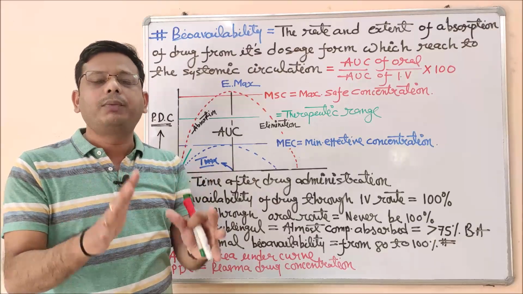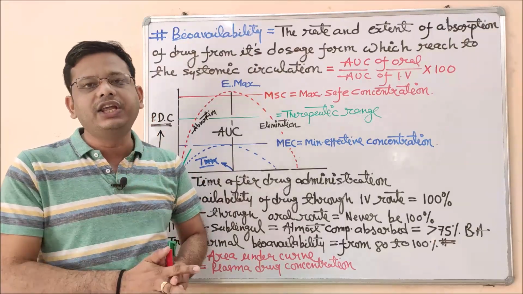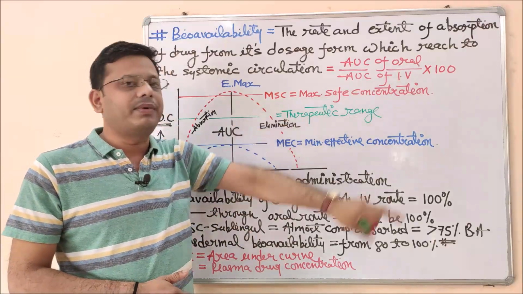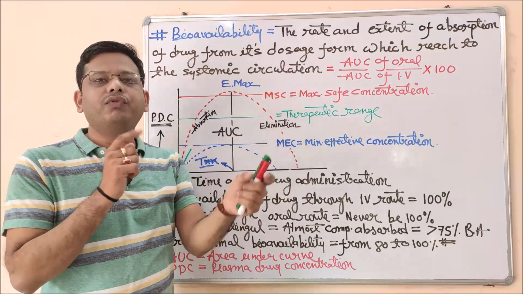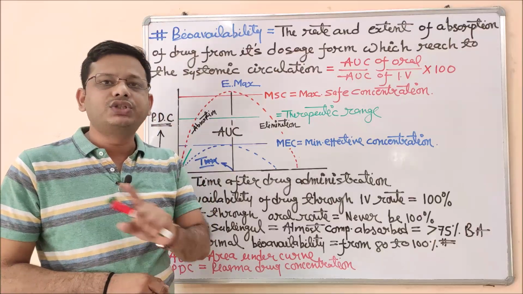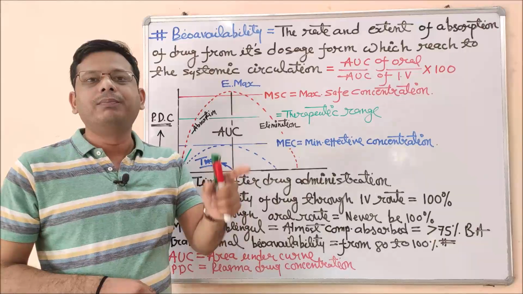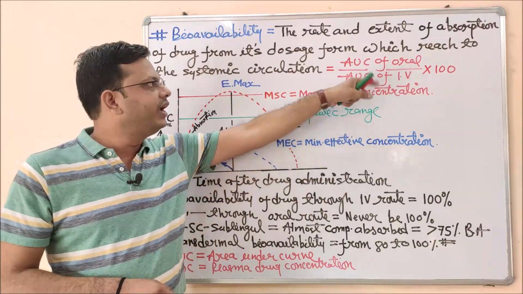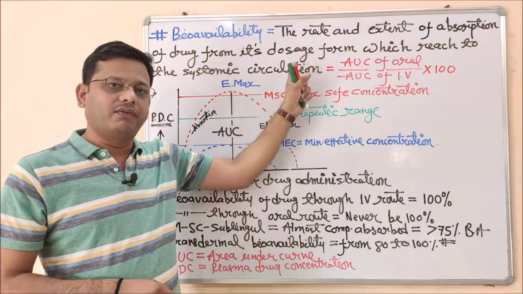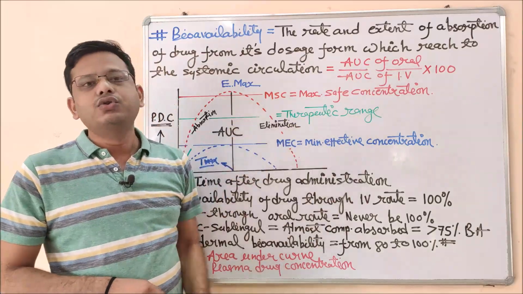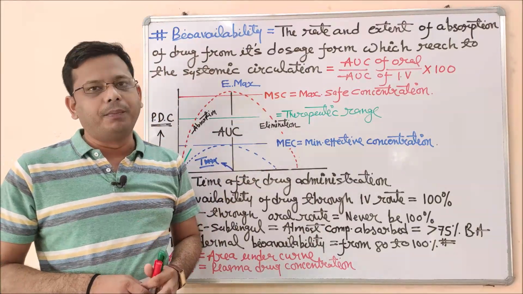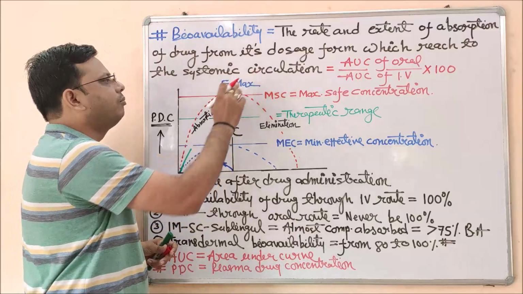So the drug will not produce 100% bioavailability in any situation, whereas in case of intravenous, the drug is directly moving through the bloodstream so there is no chance of first pass metabolism, and that drug via IV route will produce 100% bioavailability. So we can calculate the percentage of bioavailability of any drug according to this formula, so exact bioavailability percentage will be obtained. Now this was the definition of bioavailability.